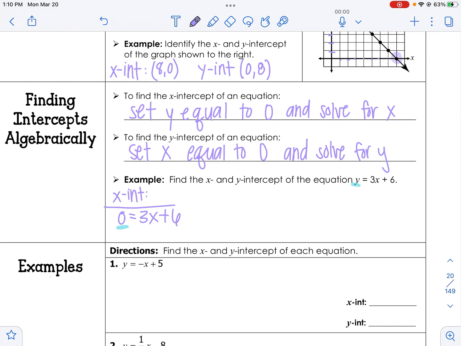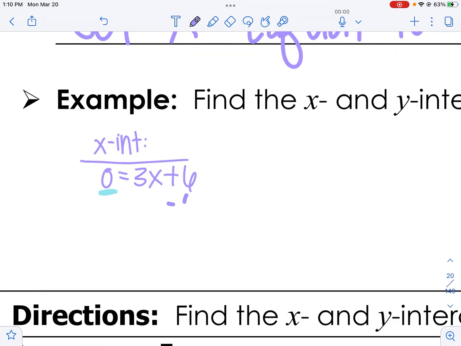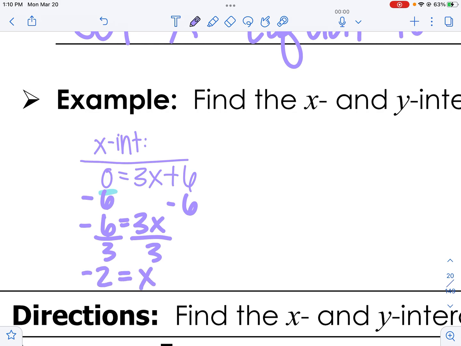Then you solve it like you would normally. Subtract 6 from both sides, leaving me with negative 6 equals 3x, and then dividing both sides by 3. I'm left with negative 2 equals x. So my x-intercept is negative 2, 0.